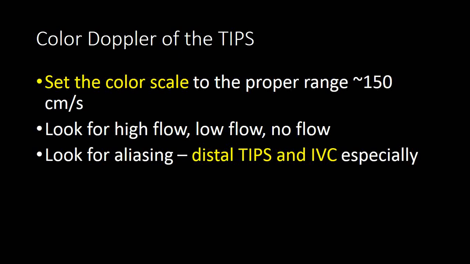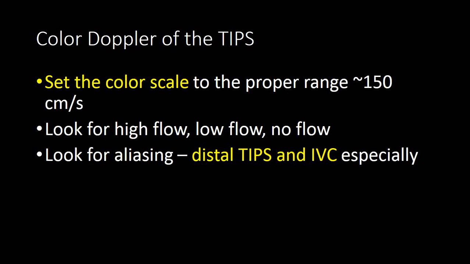Now, if you don't detect color flow with a high scale, then you want to lower your scale, because lowering your scale is going to help you detect low flow and be confident there's no flow when you've brought your scale very far down or even moved over to power Doppler. But when you're looking for high flow areas or aliasing, you need to have your color scale cranked up into a high range.